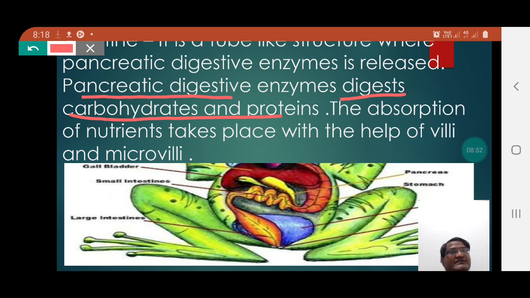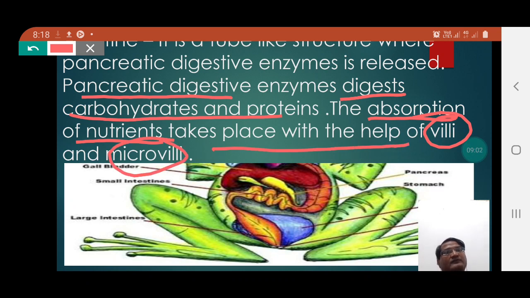Intestine is also very important because the absorption of nutrients with the help of villi and microvilli takes place in the intestine. That is why, students, intestine is a very important part of the digestive system of frog.